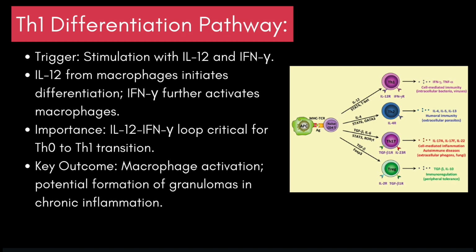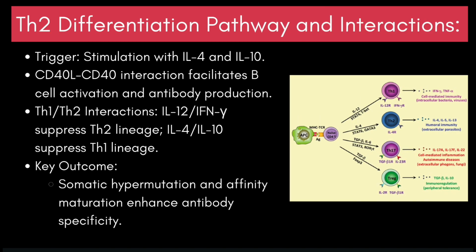Let's go ahead and move on to the next set of content, which is discussing the Th2 differentiation pathway and interactions. The main trigger here is stimulation with IL-4 and IL-10, and then we have CD40L and CD40 interaction, which facilitates B cell activation and antibody production.